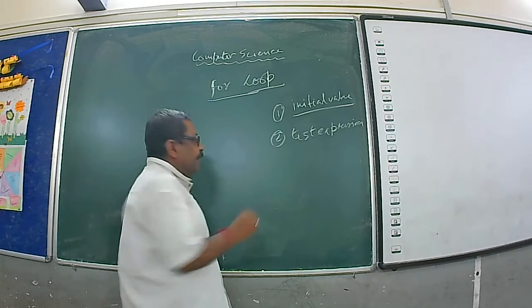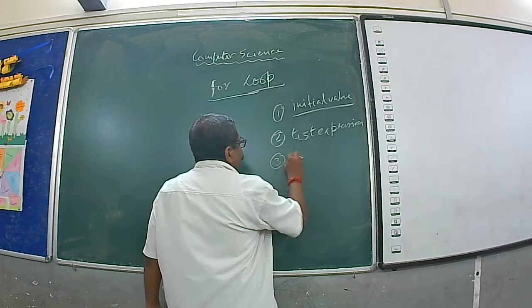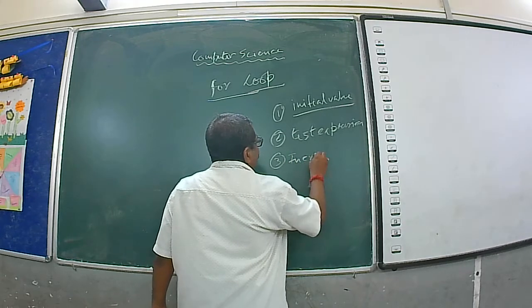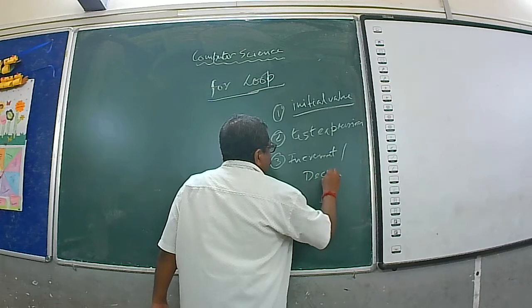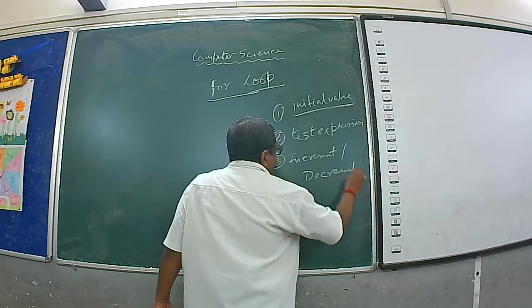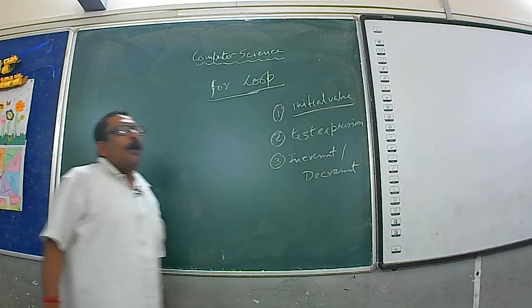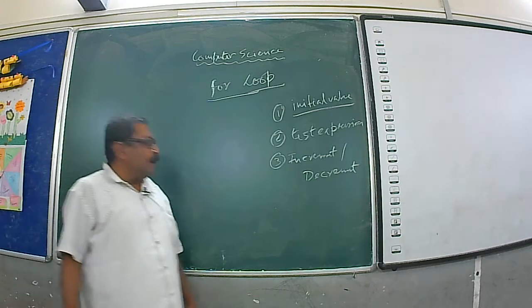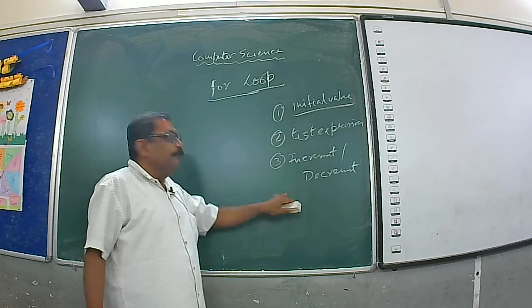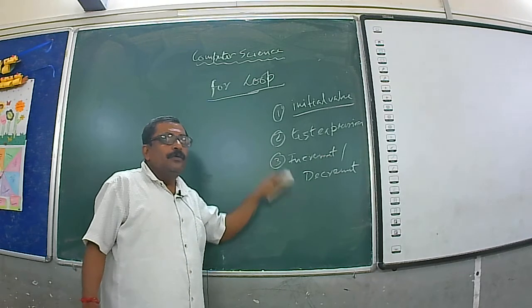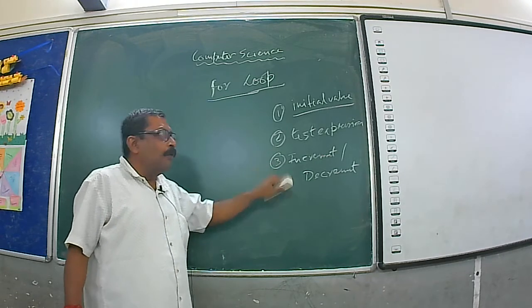And number three, increment or decrement. So these three things are the main points when you are doing any for loop program.